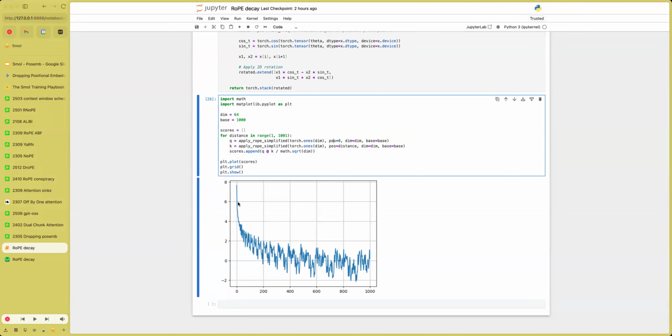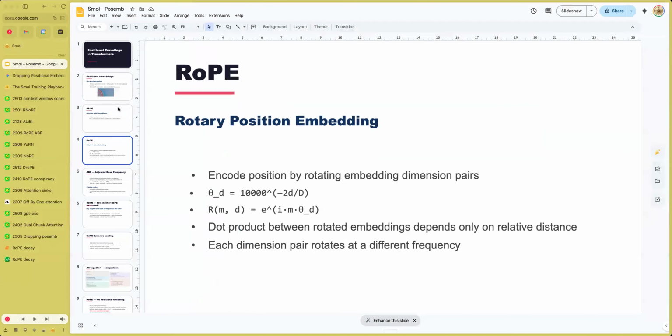This is all good, and this is a useful property, but it is also detrimental because if we want to go for really long contexts, higher than 1,000, we can see that it very quickly decays with relative positions. Mostly that's okay, but sometimes when we generate a token, we need to look very far back, for example. And that's a problem that ABF tries to solve.